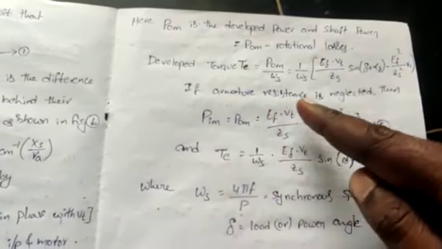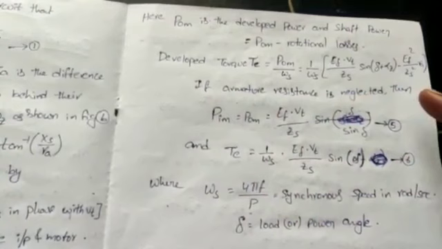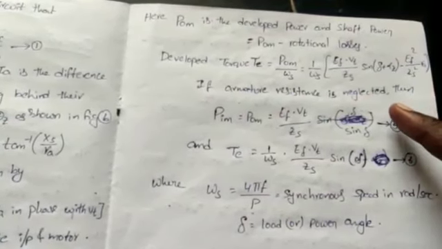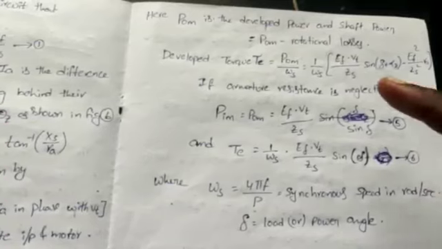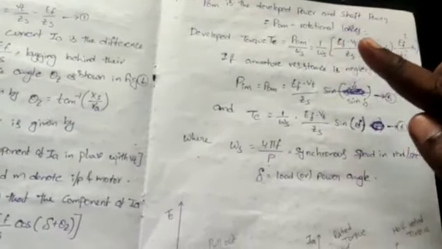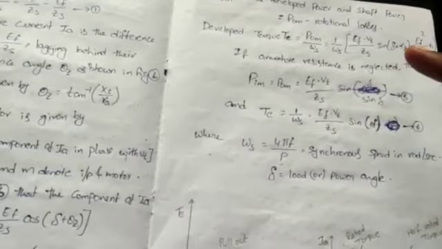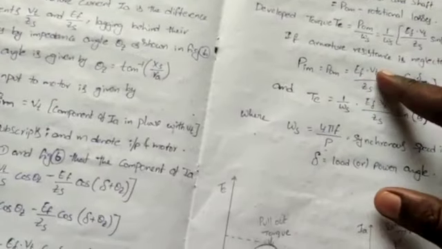If armature resistance is neglected, then Ra is equal to 0 and Zs is equal to Xs. These values are substituted in equation 2 and equation 4 and also in developed torque. Then we get PIM is equal to POM is equal to Ef into Vt by Xs into sin delta.